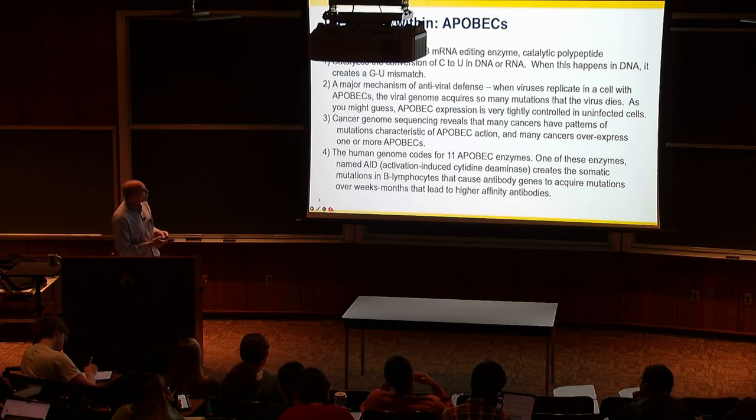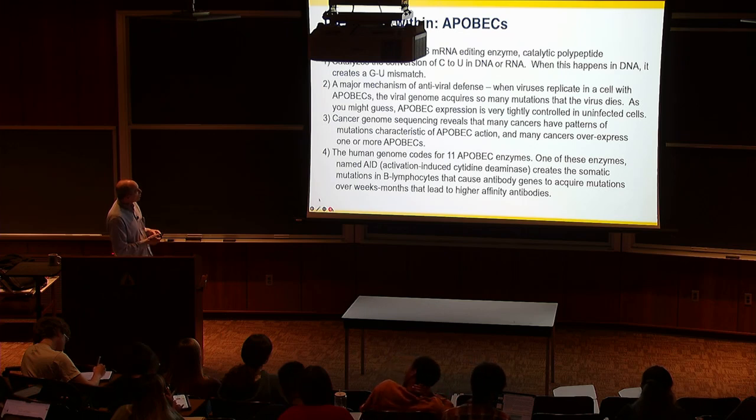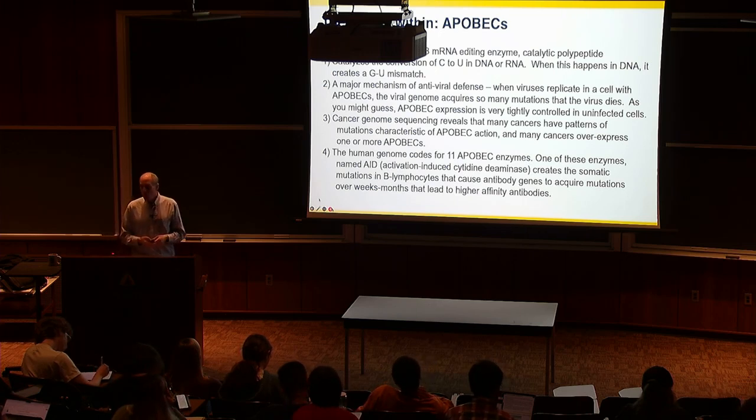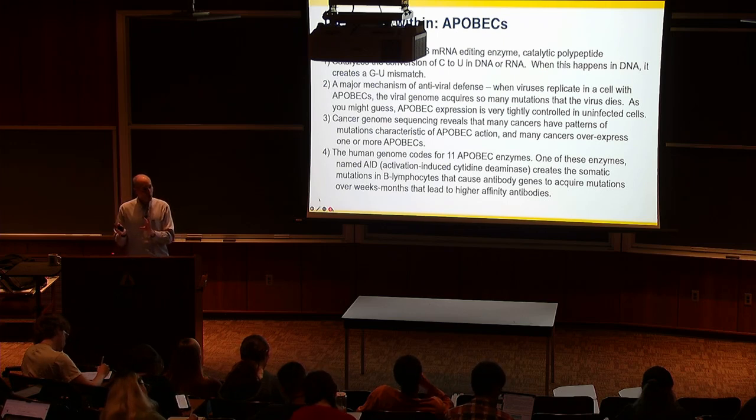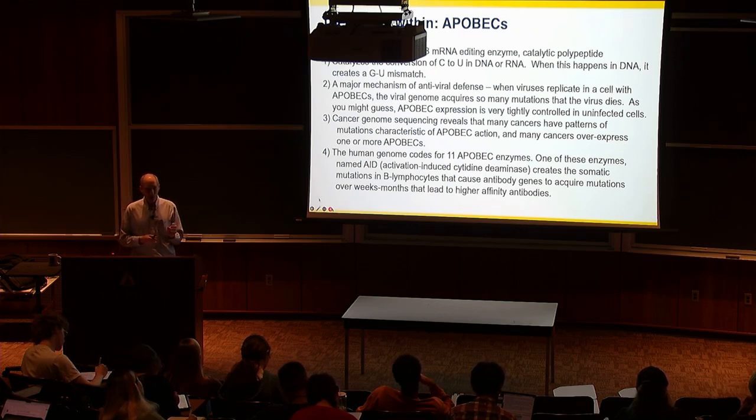But that was the original member of the family, and the conversion is C to U, in this case in messenger RNA, but now we know there are other enzymes that convert C to U in DNA. As I mentioned, it's an antiviral defense. But now we also know that when you sequence cancer genomes, and thousands of these have been sequenced, and you compare the sequence to the normal genome sequence of the same person, let's say from their white blood cells, many of the mutations in many cancers are just the kind that you get from APOBEC-derived mutagenesis.